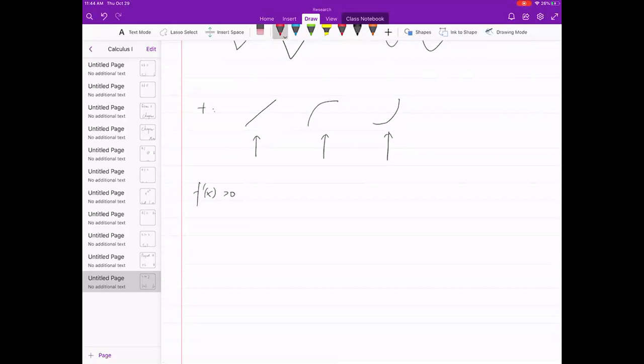Okay. Let's talk about this case. It's increasing. Everybody agree? Is the rate of increasing getting steeper or flatter? Flatter. Okay. Getting flatter means what? Means the derivative is getting smaller. Make sense so far?